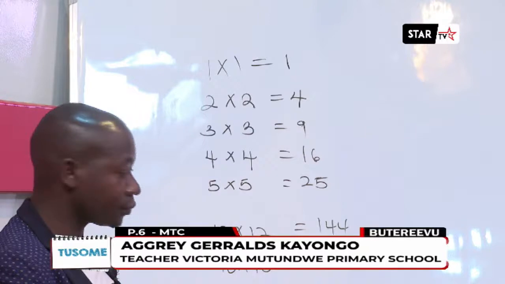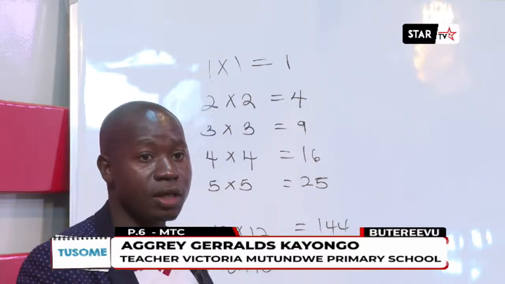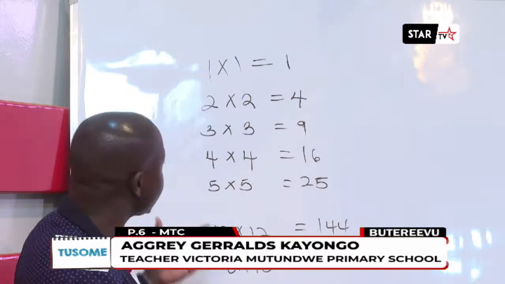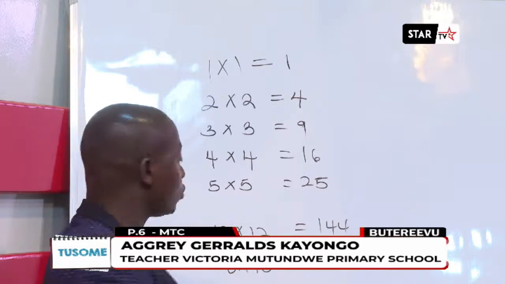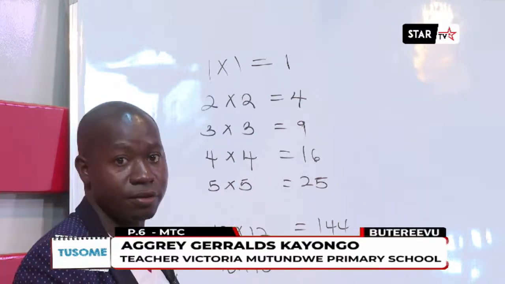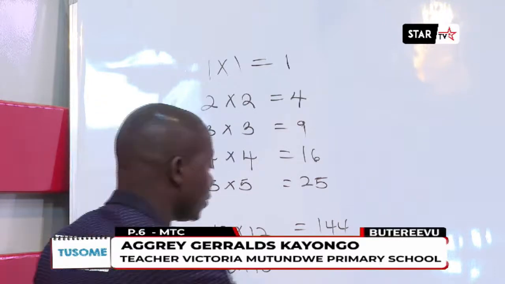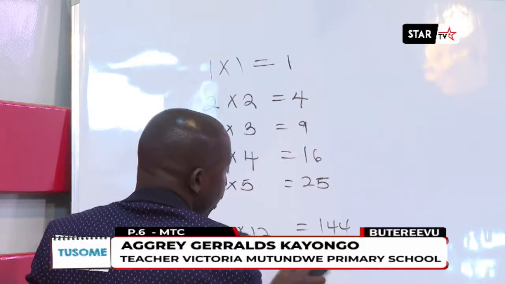In the same sense, we also need to look at a flashback as far as square roots are concerned. It is inevitable to look at square numbers without mentioning square roots. So in the same way, we need to recall square roots.